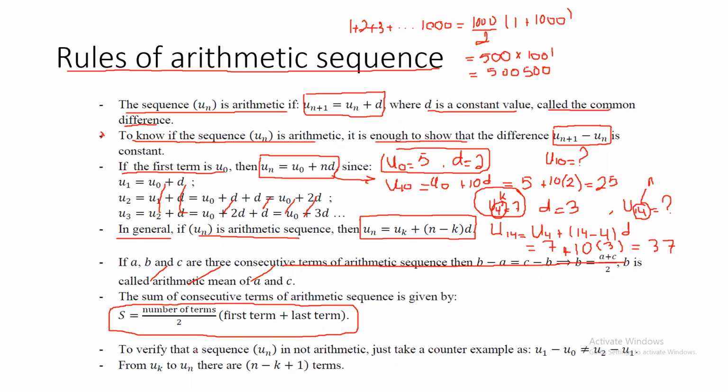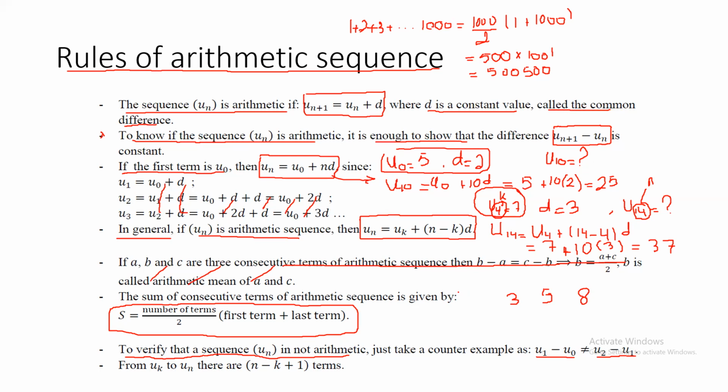To verify that the sequence UN is not arithmetic, we just take a counter example. We prove that u1 minus u0 does not equal u2 minus u1. For example, if we have 3, 5, 8, do these numbers form an arithmetic sequence?